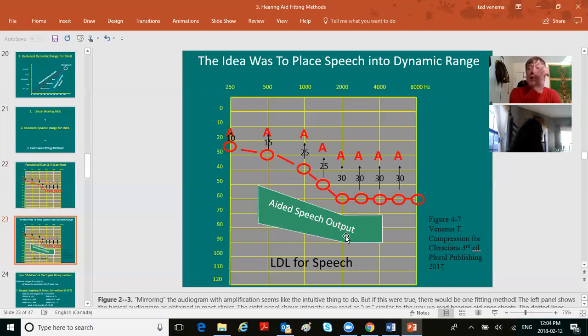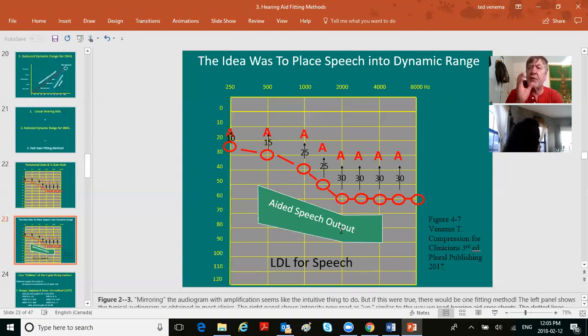I plus G is O. So if my input is speech, and I amplify by half the degree of his hearing loss, then my output hitting the eardrum will sit nicely in the middle of his dynamic range, between his floor and his ceiling, LDL for speech. That's the idea behind the half gain rule.